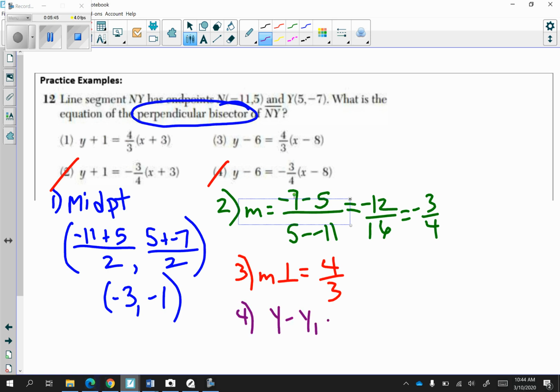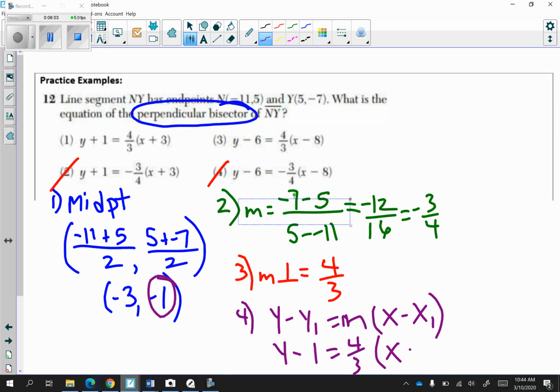Y minus y1 is equal to m times x minus x1. So y minus, you're inputting the y value of the midpoint, which is negative 1, is equal to m, your slope is 4/3 times x minus negative 3.